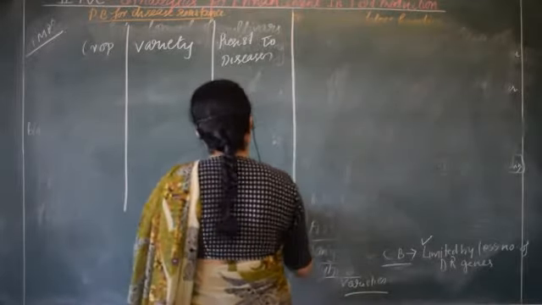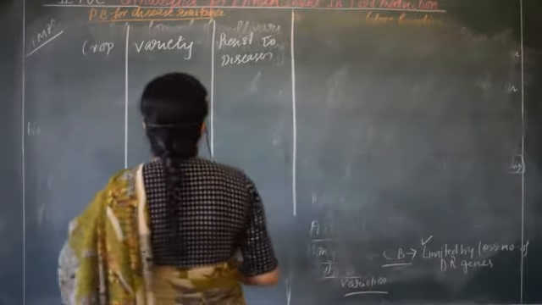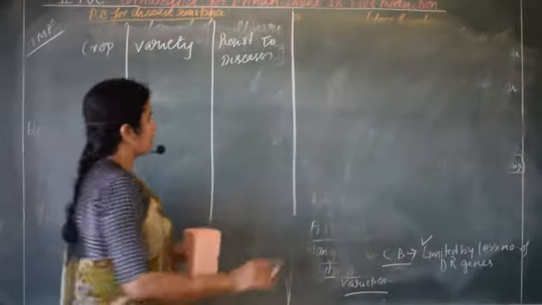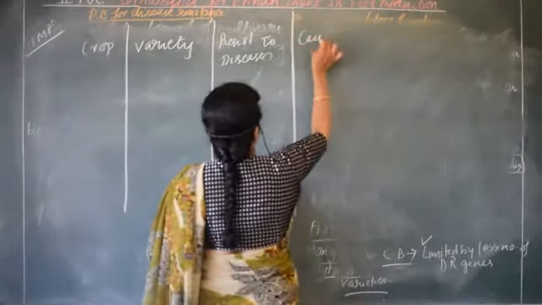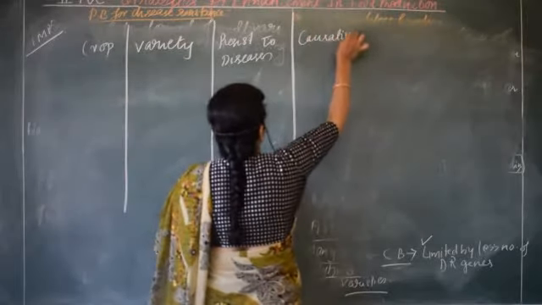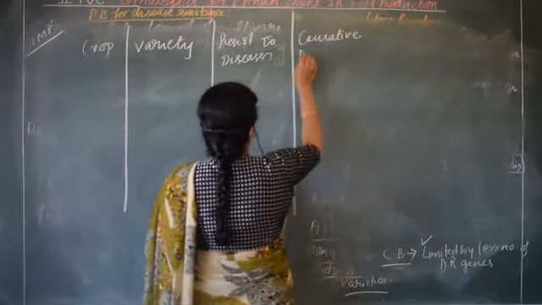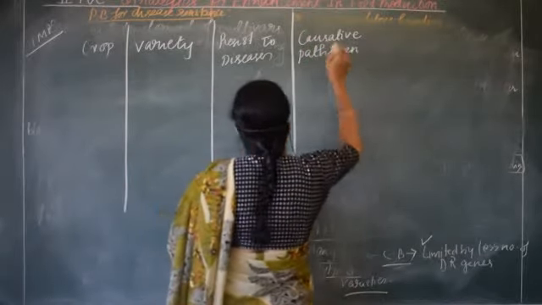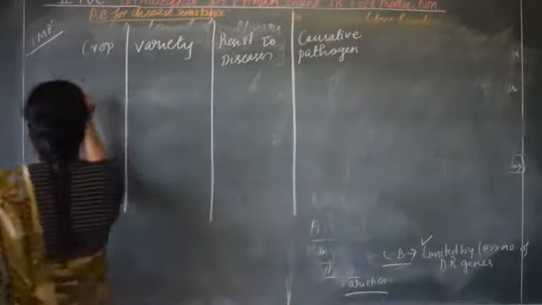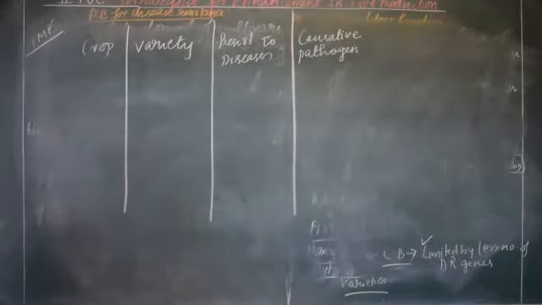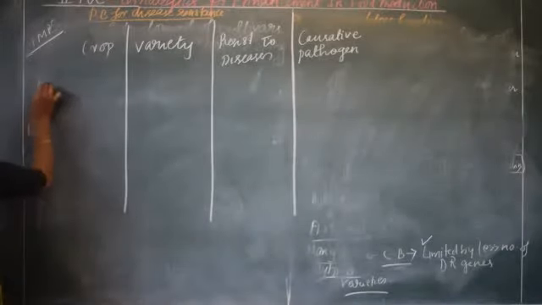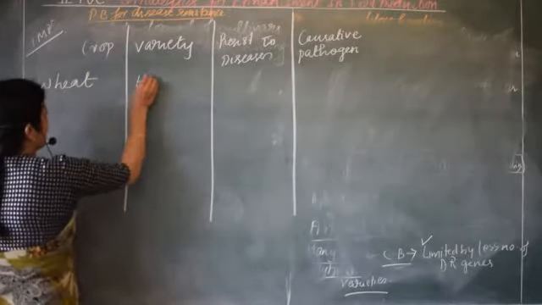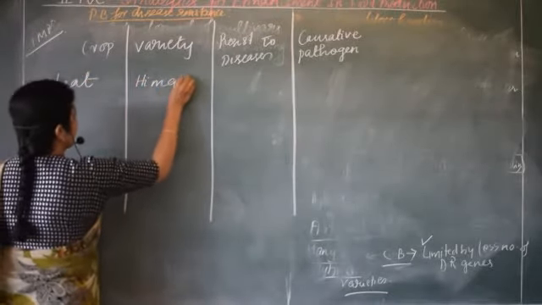Then next, the causative organism, the causative pathogen. Let us see the examples, first wheat. In the wheat crop there is a variety developed named Himgiri.